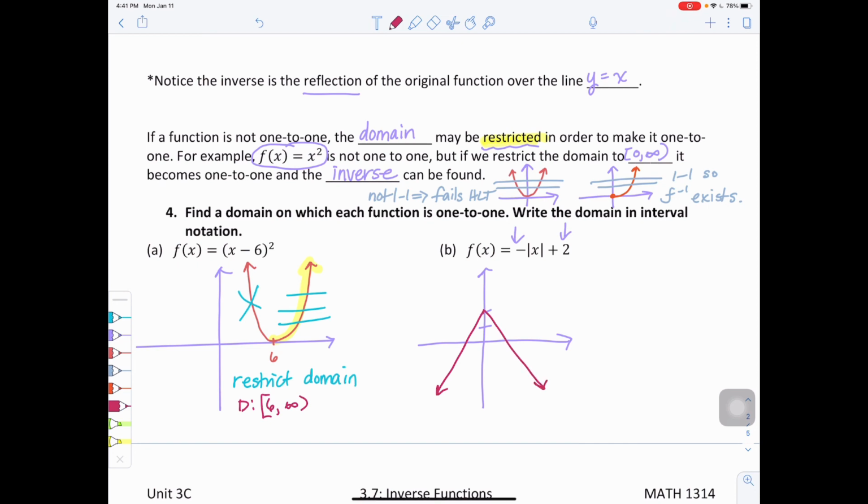So now we want to make sure we only use part of the graph that allows us to have a restricted domain that gives us a function that is one-to-one. So we decide we don't want this part of the graph, and we would like this right part of the graph. So we could have our restricted domain from 0 to infinity. Okay.